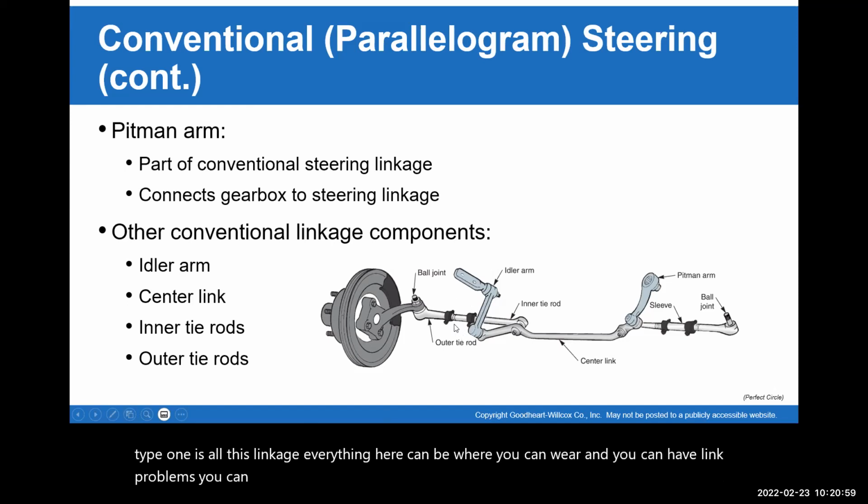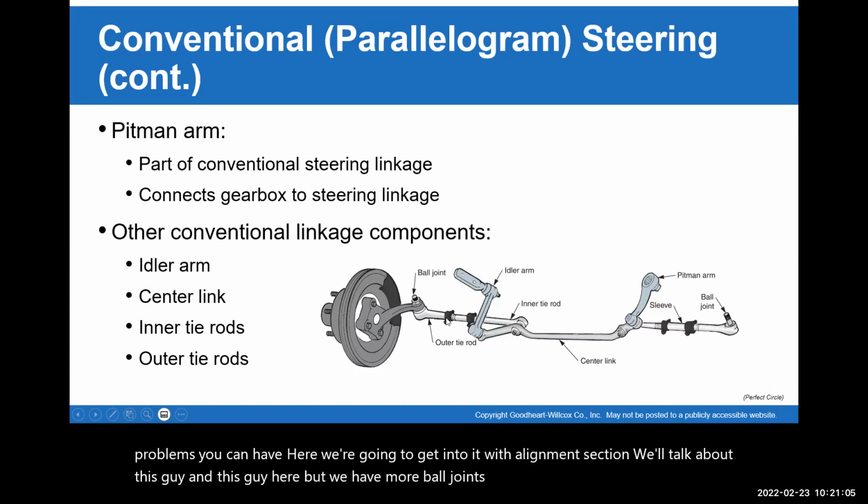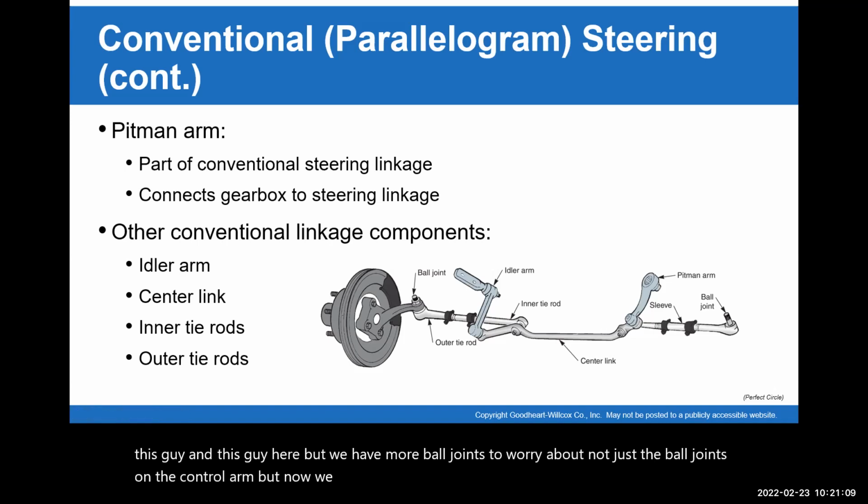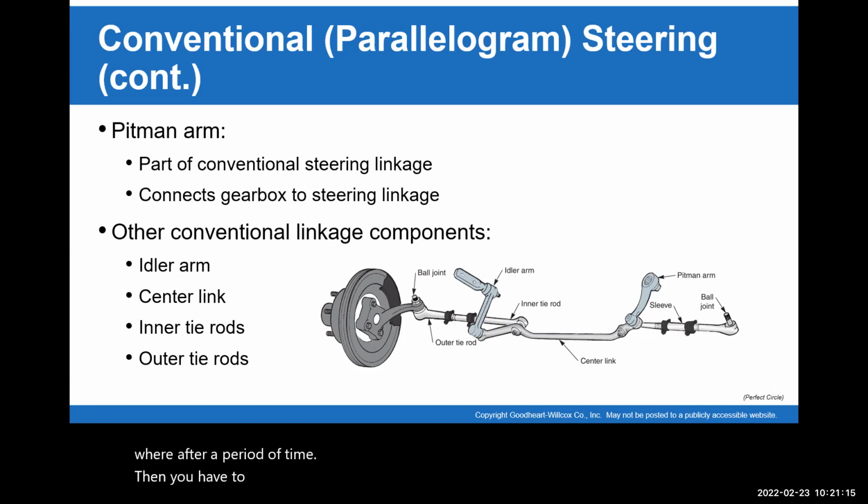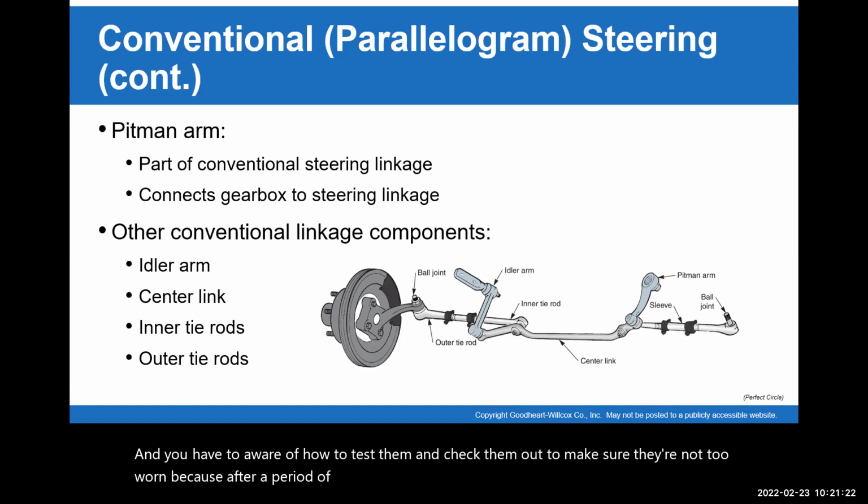Here we're going to get into the alignment section. We'll talk about this and this here, but we have more ball joints to worry about. Not just the ball joints on the control arm, but now we have some other ball joints, and these will wear after a period of time. You have to be aware of it, how to test them and check them to make sure they're not too worn, because after a period of time these will wear out. And it happens. So we have different parts going with it, and we'll break it down as we go along.